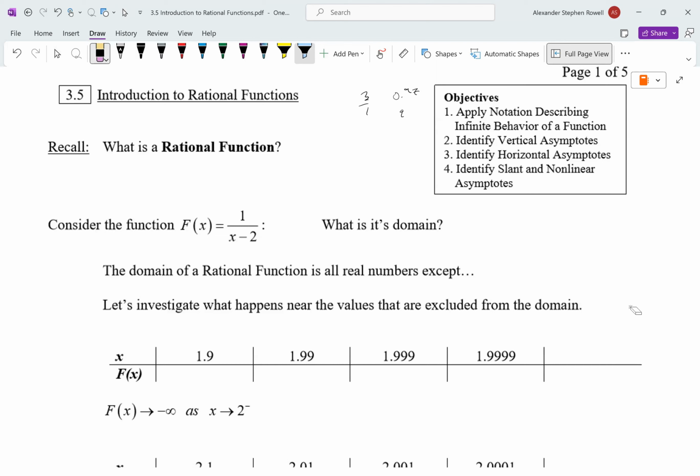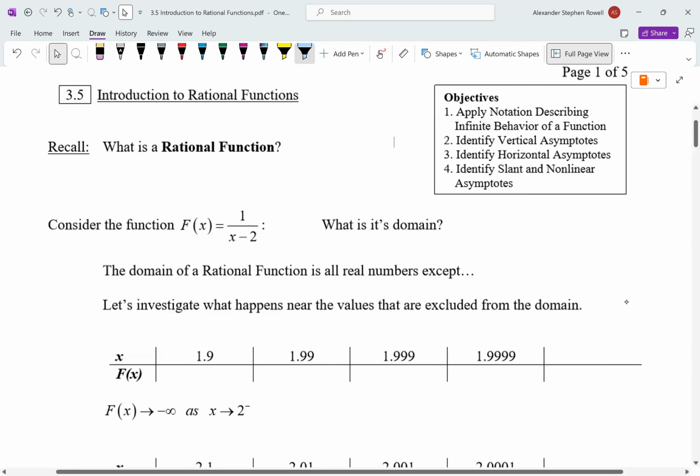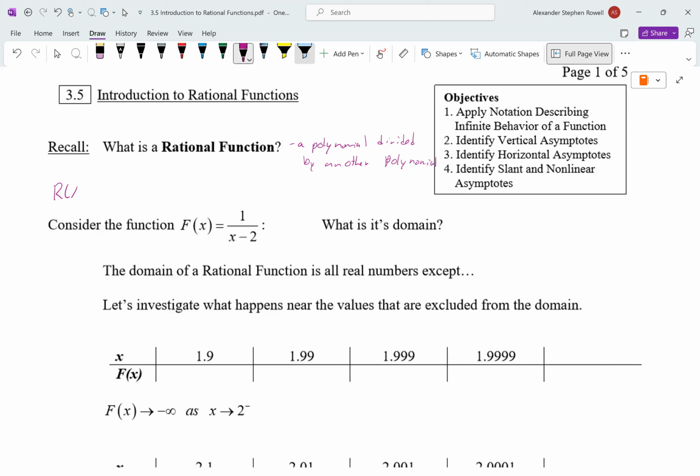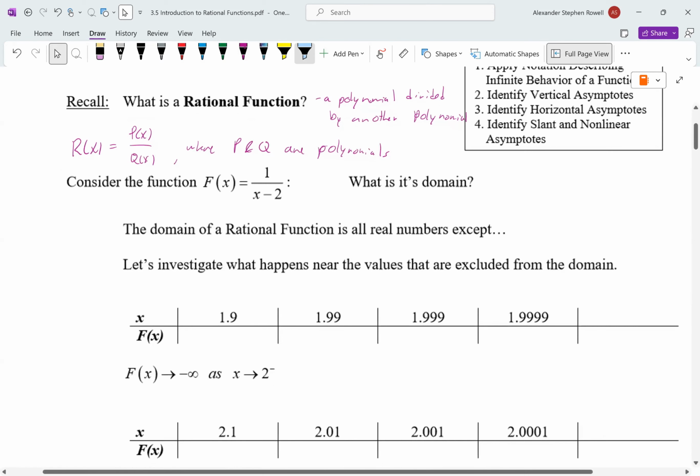But a rational function is now a polynomial divided by a polynomial. Okay, so we say R of x is equal to P of x over Q of x, where P and Q are polynomials. Consider the function f of x is equal to 1 over x minus 2. What's the domain?